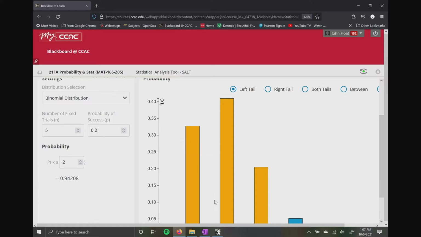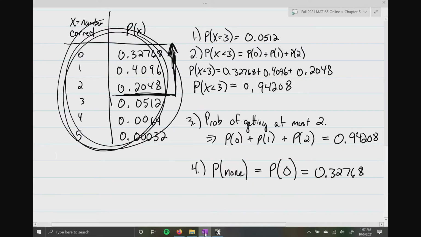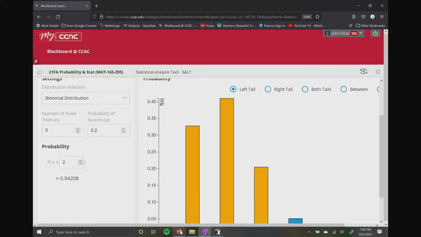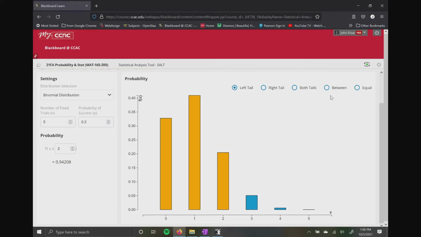So now, if we go back to our notes, what is the probability of getting exactly 3 correct? We already found exactly 3 should be 0.0512. So if I go back to SALT, notice on the right-hand side, I have options: left tail, right tail, both tails, between, and equal.